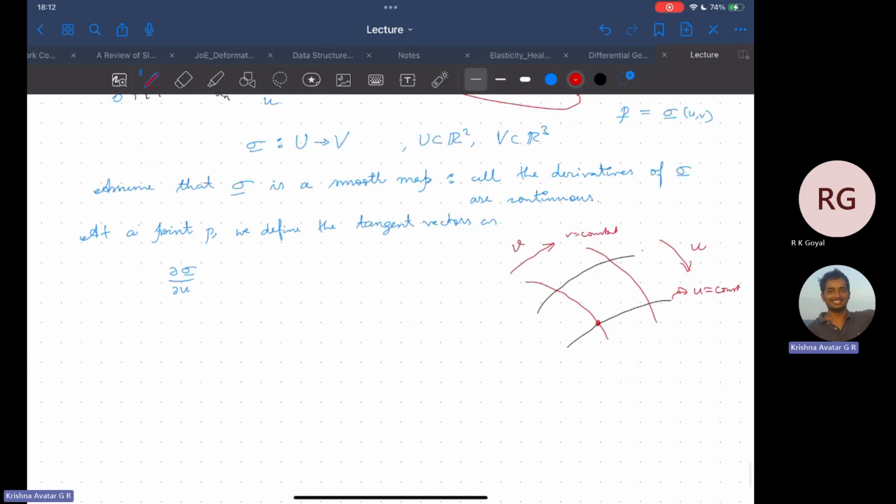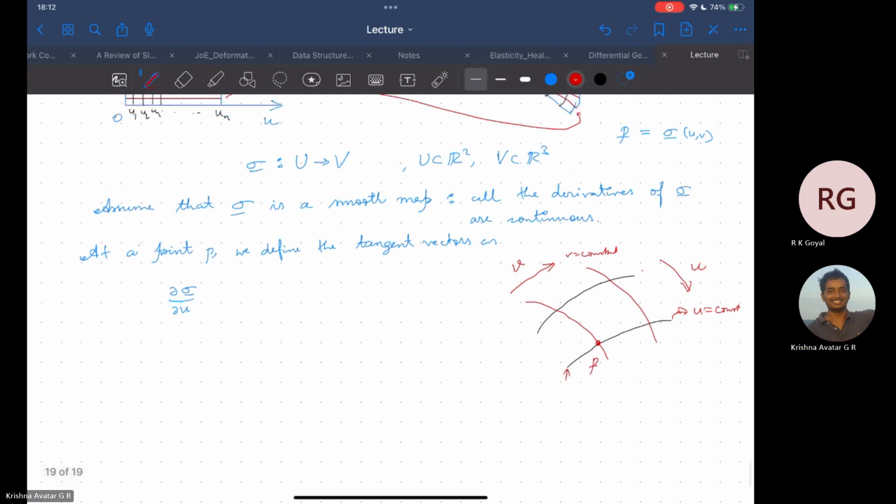So we have this point P here and the local tangent. This particular line is a parameterization since u is a constant here. So you'll have sigma vector (u naught, v), because along this line u is constant. And along this line here, v is constant, so this will be mapping sigma (u, v naught).